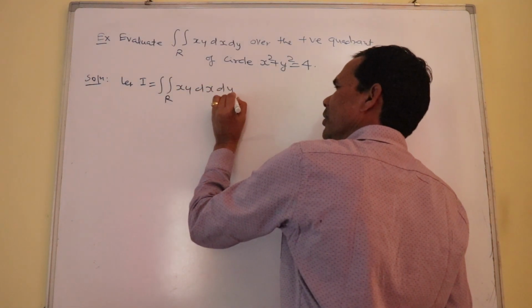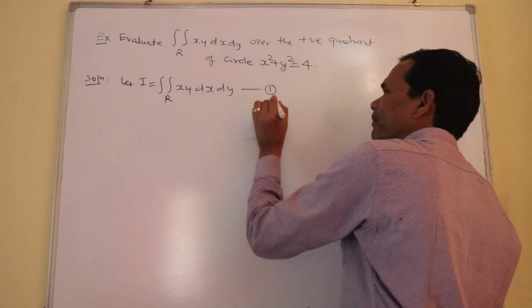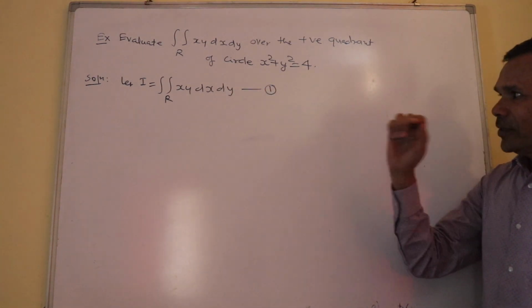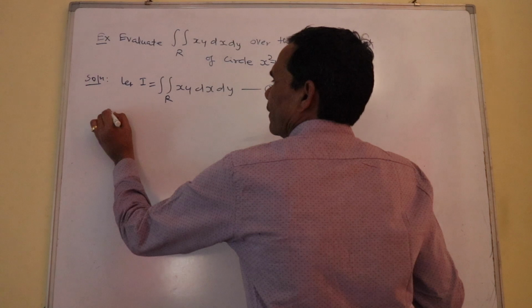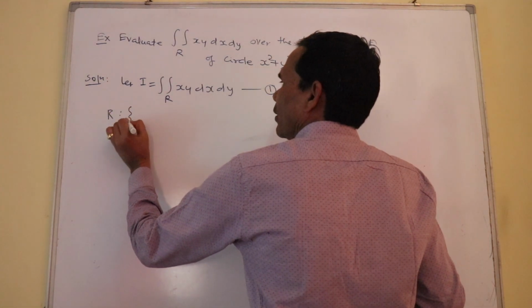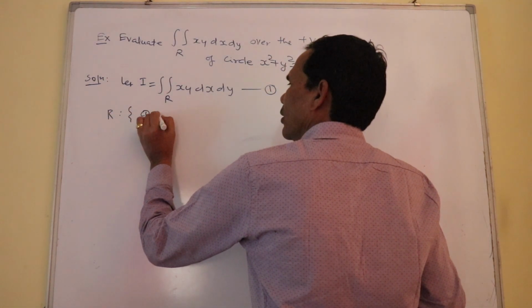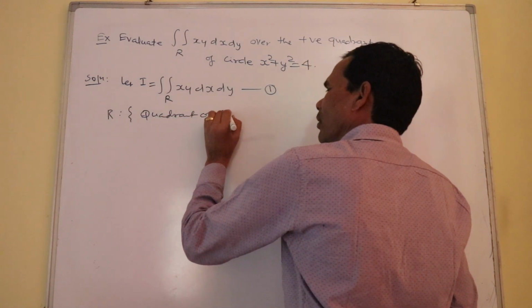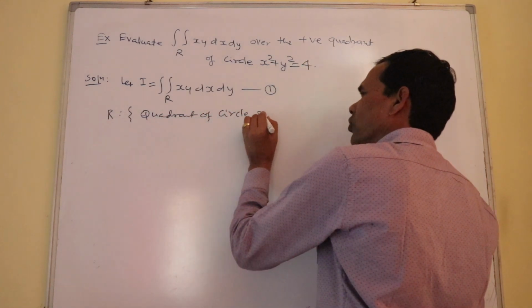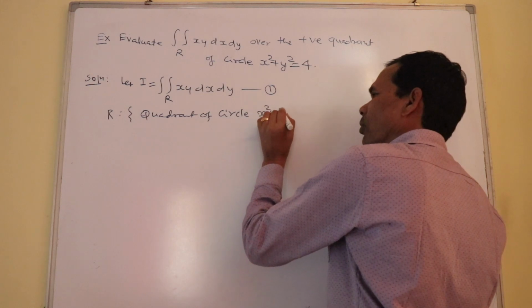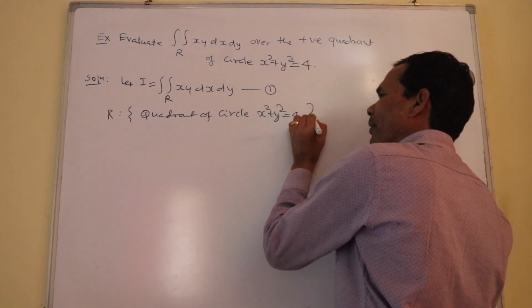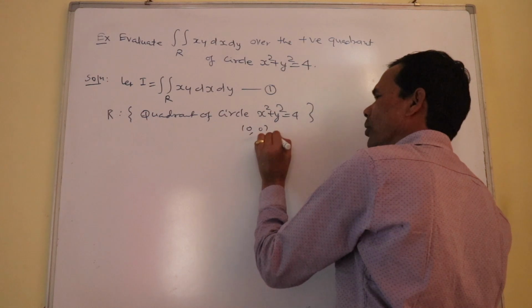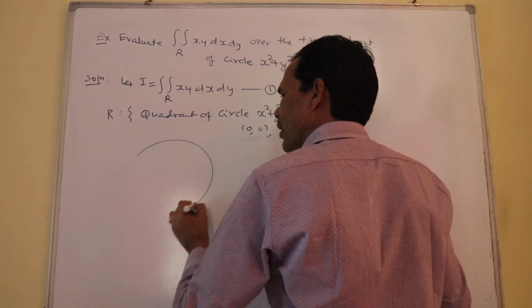I call this expression number 1, where R is the positive quadrant of the circle x square plus y square is equal to 4. This is a circle having center at 0, 0 and radius 2. So I will draw this circle here.